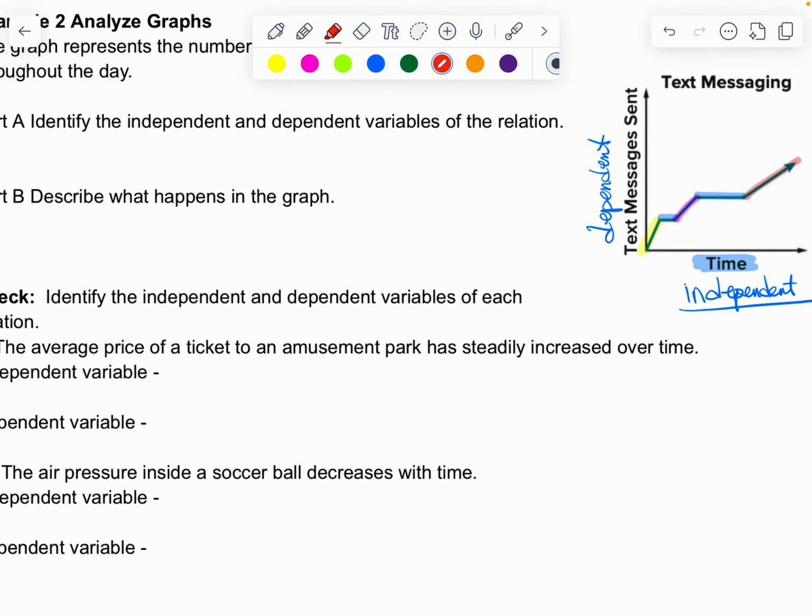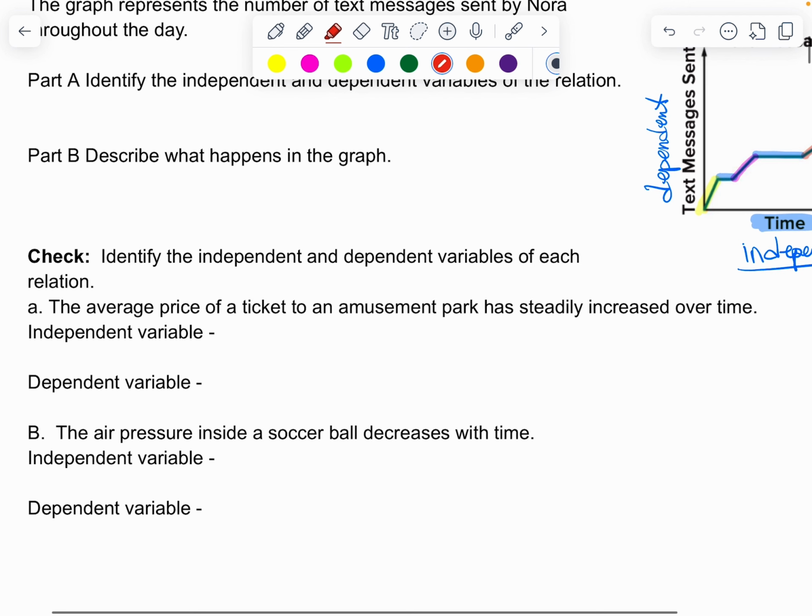Okay, so identify the independent and dependent variables on this one. Our independent variable: the average ticket price to the museum park has steadily increased over time. So time is our independent variable.